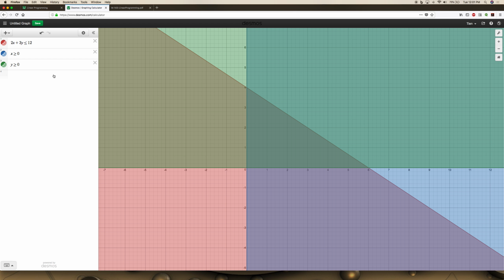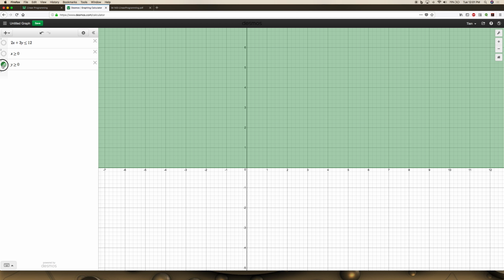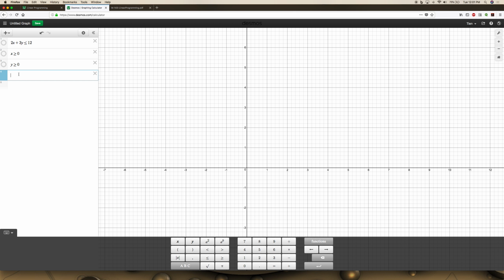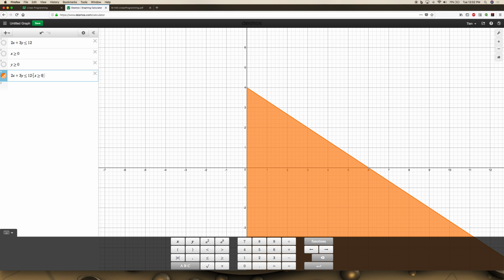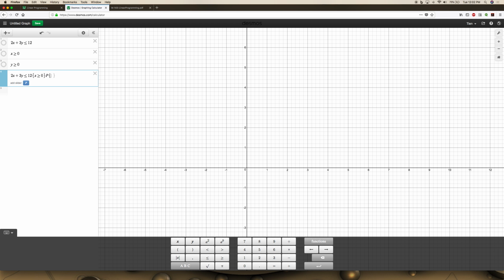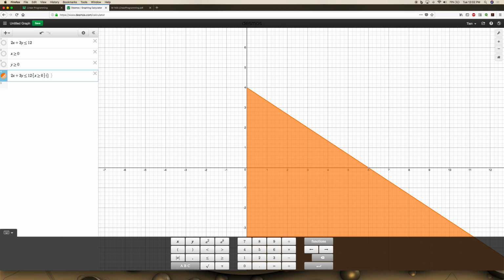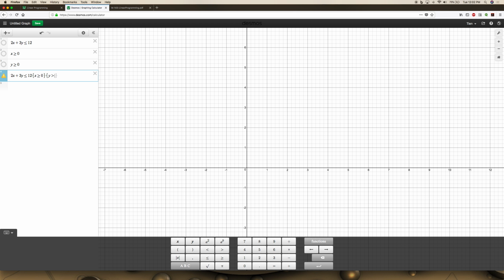One helpful trick in Desmos, I'm going to deactivate all of these layers here, is you can nest the inequalities. So I could say, I want to graph 2x plus 3y is less than or equal to 12, but I only want the ones where x is non-negative and y is non-negative too.